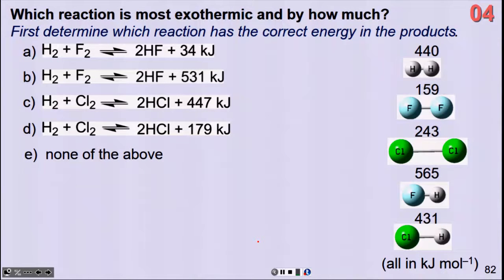Forming these products is generally going to release energy. But the HF reaction has 34 or 531 kilojoules as problem number 1, versus the hydrogen plus chlorine reaction making HCl at 447 or 179. Well, we just did the one for HCl, so let's flip back to the previous slide.